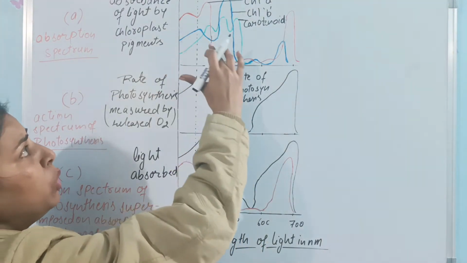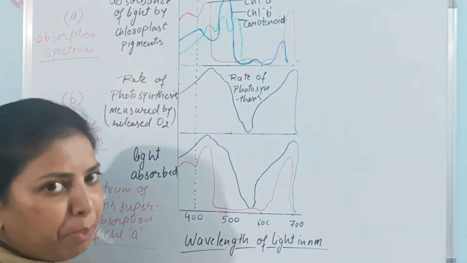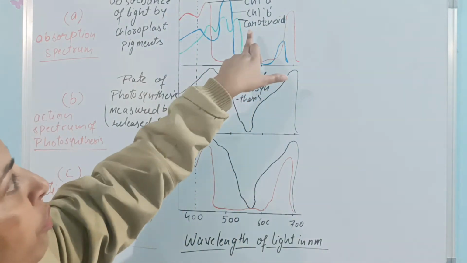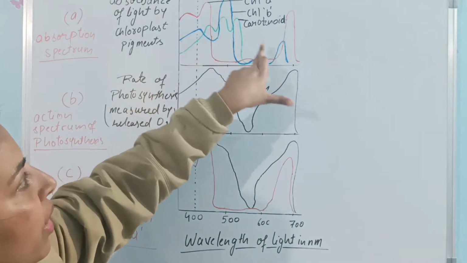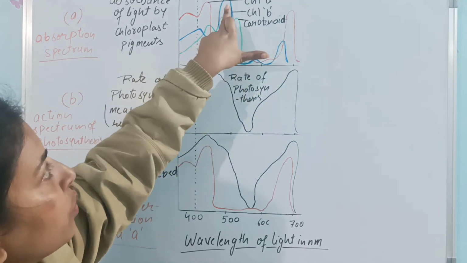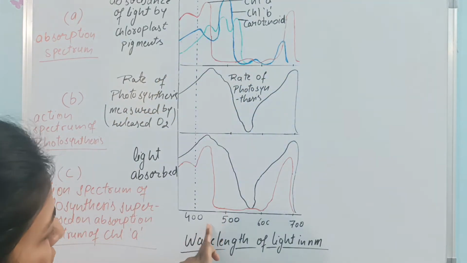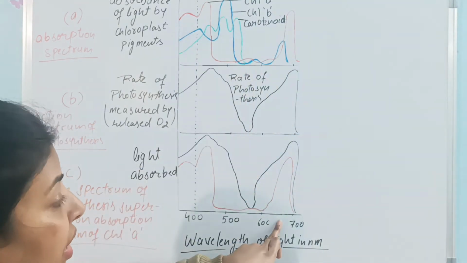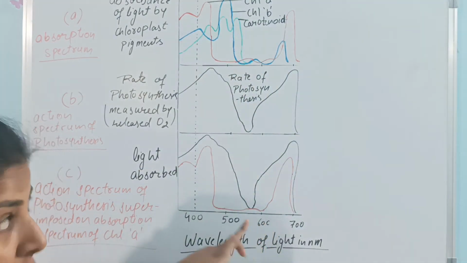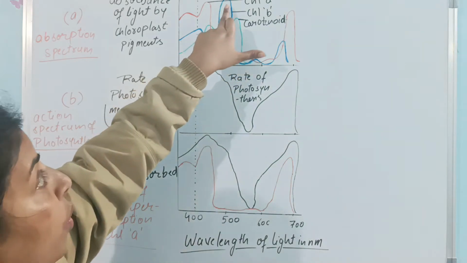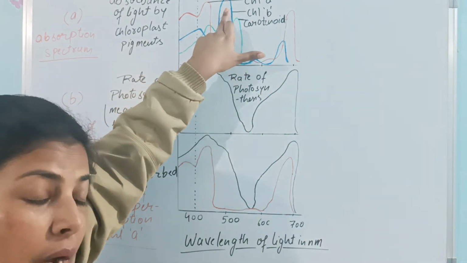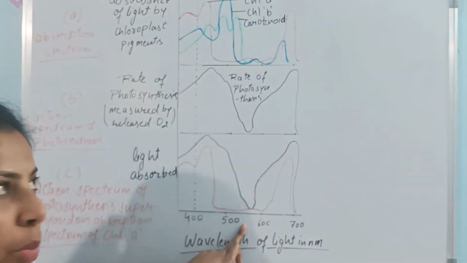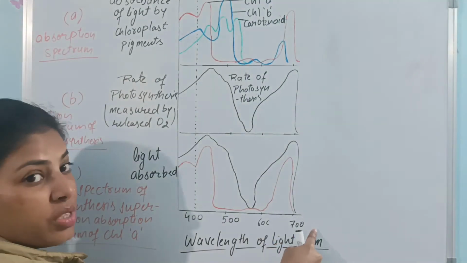Then we can see the blue color graph of chlorophyll B. Chlorophyll B has two peaks. The first peak is in the wavelength of 400 to 500 nanometer and the other is between 600 to 700 nanometer. Chlorophyll B has a much higher peak between 400 to 500 nanometer, but a lesser peak between 600 to 700 nanometer.